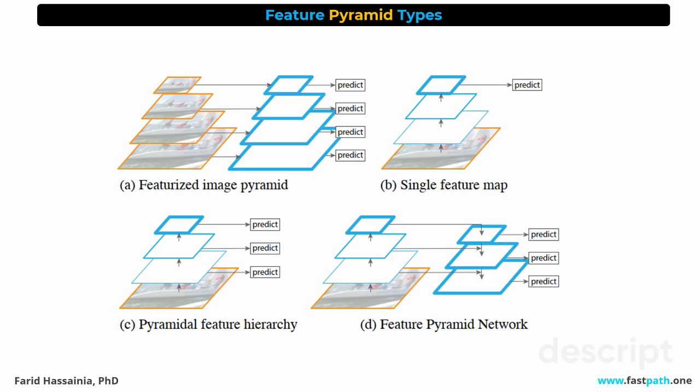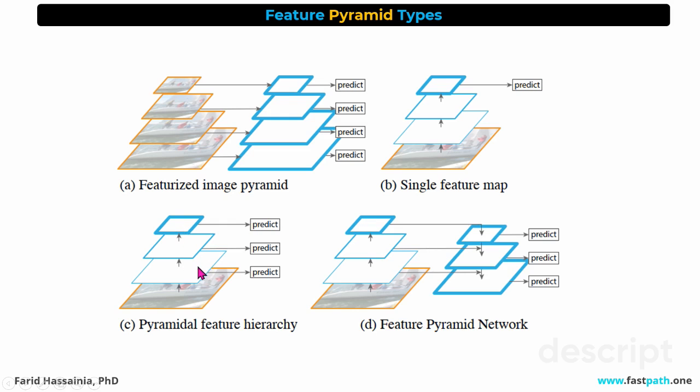And by doing so, we are taking advantage of the different characteristics of our feature maps, because the lower feature maps are more specialized in detecting small details, whereas the last ones are good at detecting the context, the large objects.